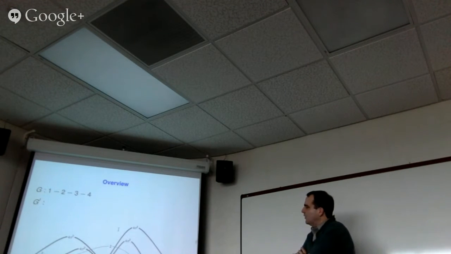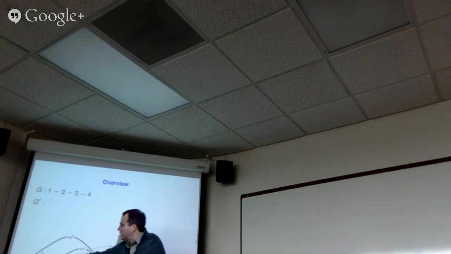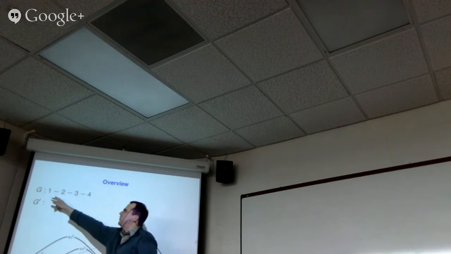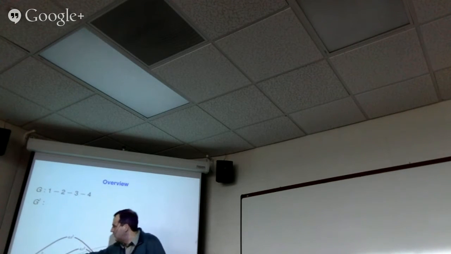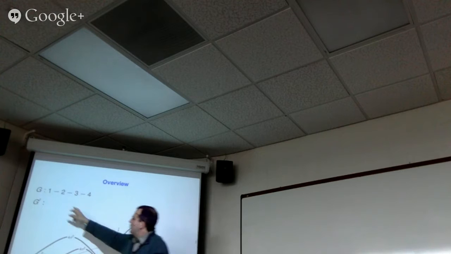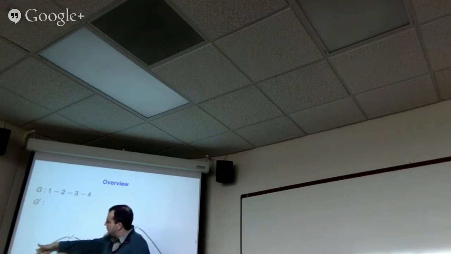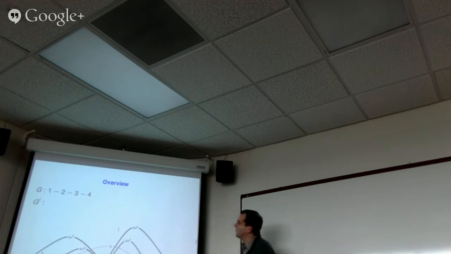There's going to be one grid for each vertex in the original graph. Let's say the original graph was just one chain with 4 vertices in it. So there are 4 grids, G1, G2, G3, G4, and for each edge in the original graph, there's some connection, 2 edges connecting G1 to G2, G2 to G3, G3 to G4.